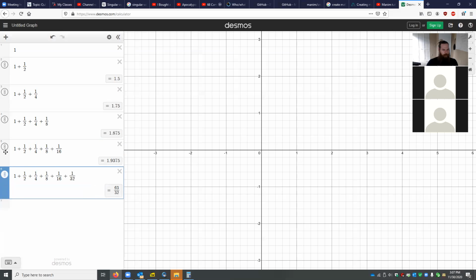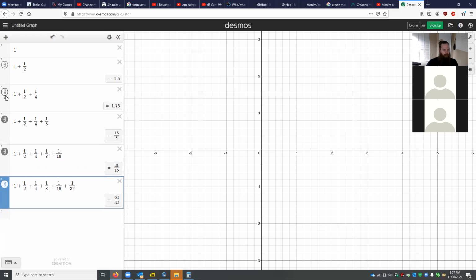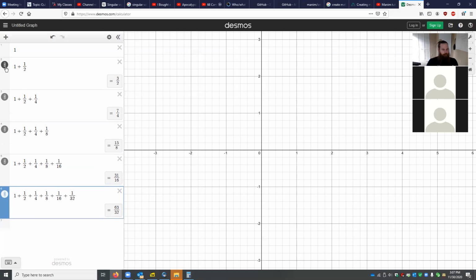And let's write these as fractions. So this first guy is 3/2. I'm going to just write these down and then I'll come back to my page.